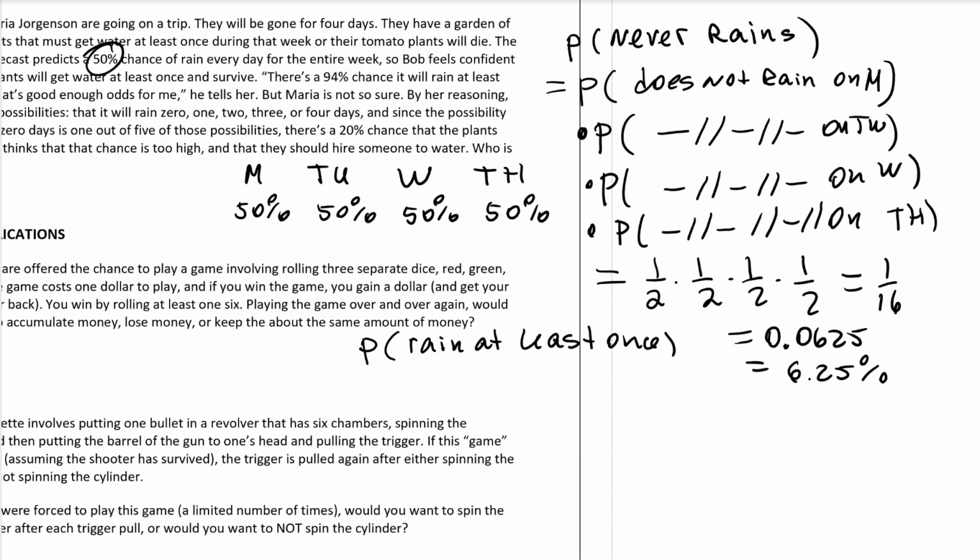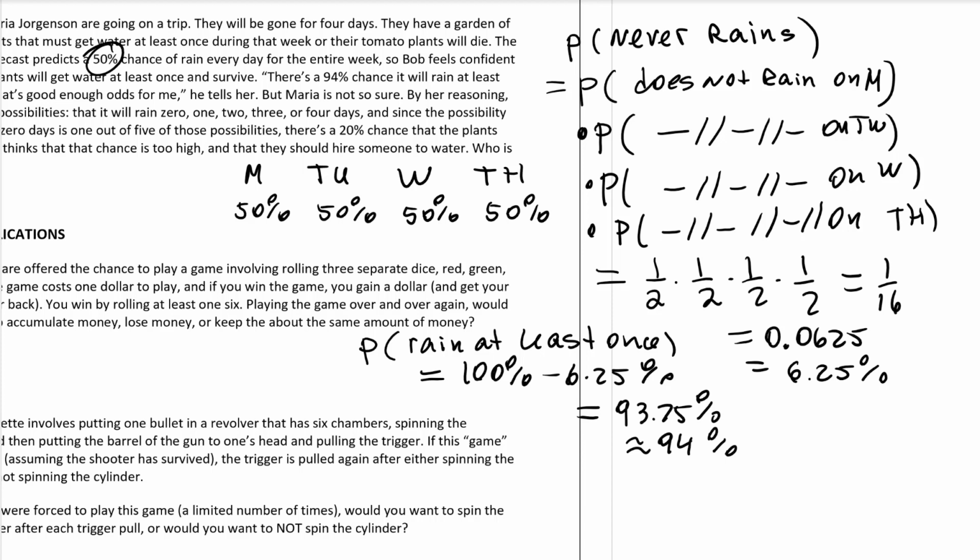That would be the complement, which will be 1 minus 6.25%, or I would say 100% minus 6.25%, and that gives us 93.75%, which is about 94%, and that's exactly what Bob got, which is a high probability. So I guess there's no need to hire anybody.